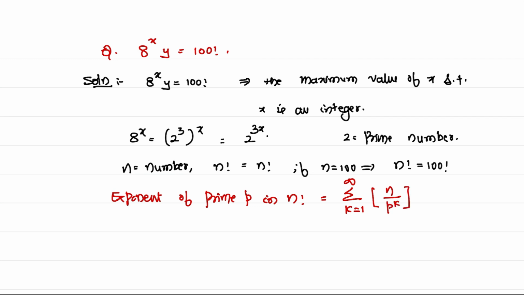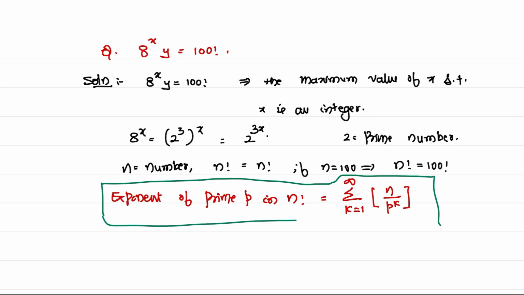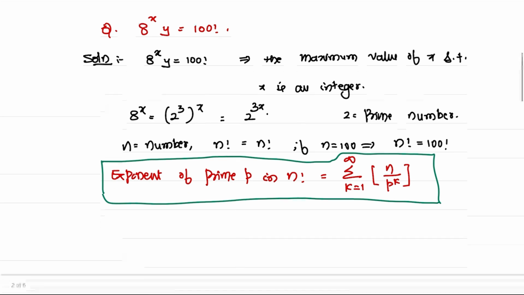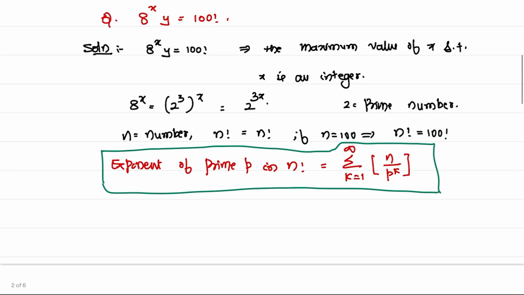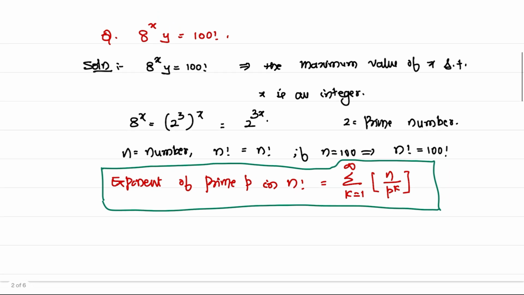This is the theorem on which we will be resting our following solution. Now here, what is the p value? p is equal to 2. We don't know what is k. k can vary from 1 to infinity, any number. And n, you know, factorial 100, n is equal to 100.